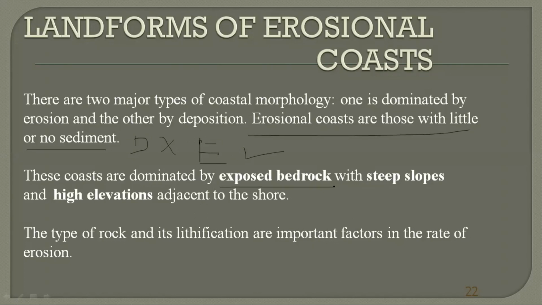Mostly you will see bedrock that is exposed because of the continuous erosion. For example, this is the cliff, and this is the wave direction, the coastal area. Mostly due to continuous erosion, you will have steep slopes. You will see this is a slope, and it has a very steep angle, and the elevation of these features will be very high.